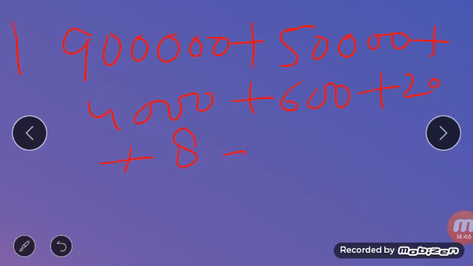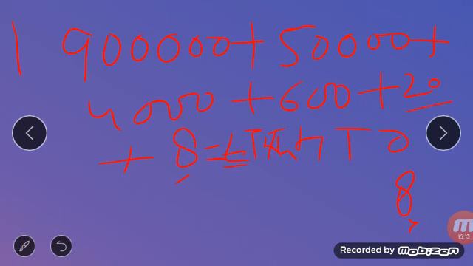Put the headings ones, tens, 100, 1000, 10,000, then lakhs. 8 is in the ones place, so you write 8 under ones.